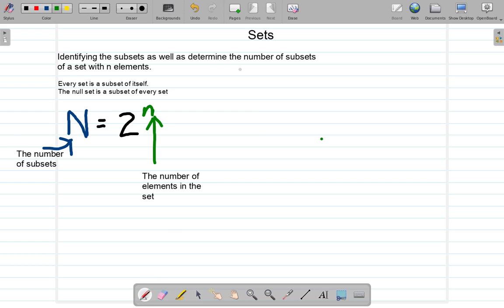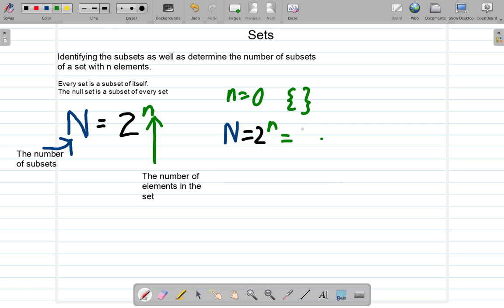Suppose we have a set where the number of elements is 0. Which set could that be? It is the null set, of course. And then we see that big N, the number of subsets, according to this formula, is equal to 2 to the power of small n, the number of elements.